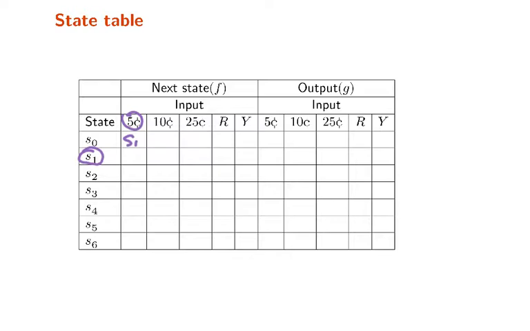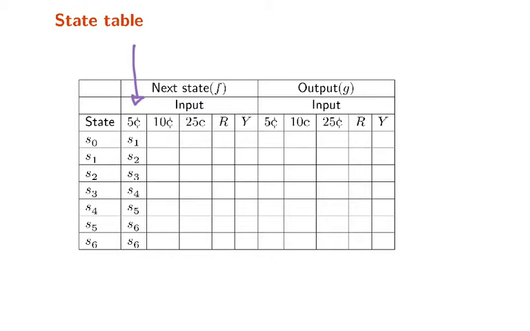If you are putting 5 cents more, you are going to get to the state of the 10 cents, which is S2. And so on. So complete all the table here by putting what is the next state once you put, for instance, this input. And you do the same with all the other inputs after that.